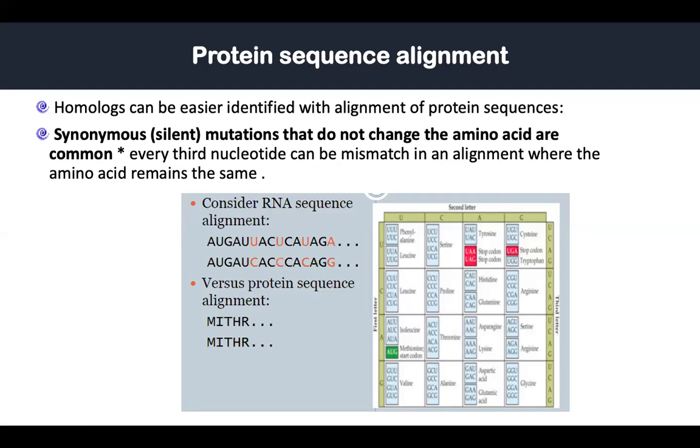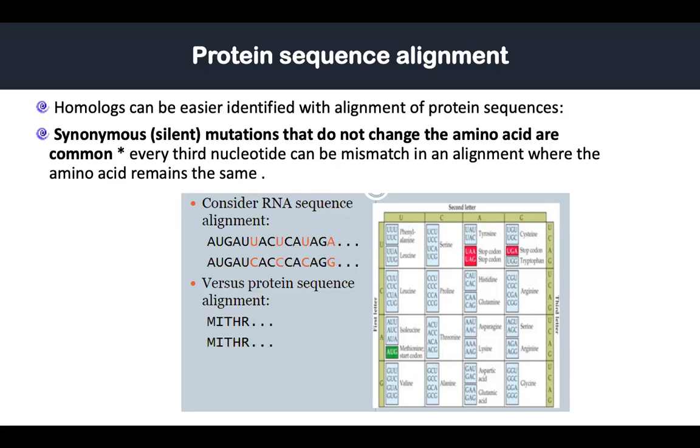But if you're looking at non-synonymous mutation, it means there are changes in the nucleotide sequence in either the first or the second base, which results in a change in amino acid. We are actually interested in non-synonymous mutations because they will change the amino acid sequence, and hence also the structure of the protein or the domain.